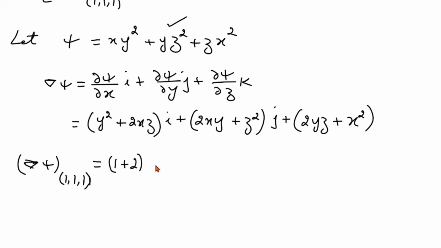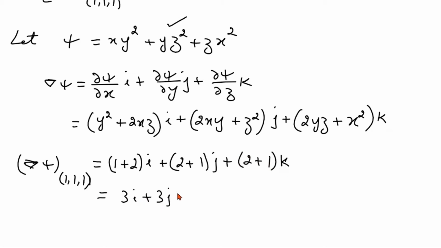Coming to the next one, it is 2 plus the z value, which is 1. Next, again you have 2 plus the x value, which is 1, times k. Therefore we'll be getting 3i plus 3j plus 3k.